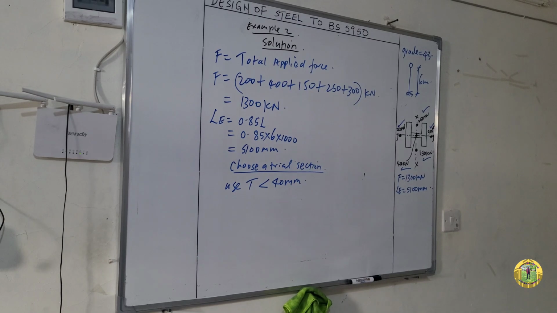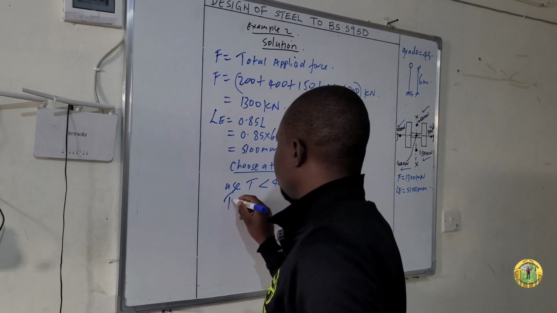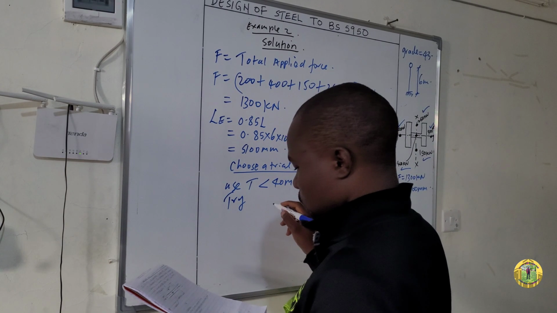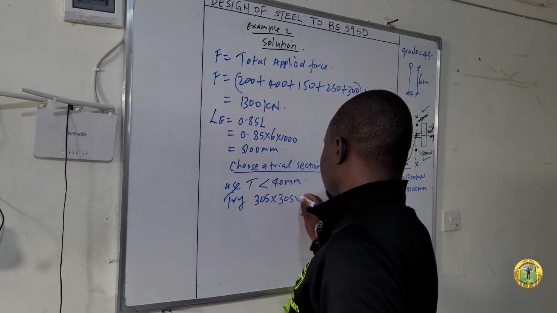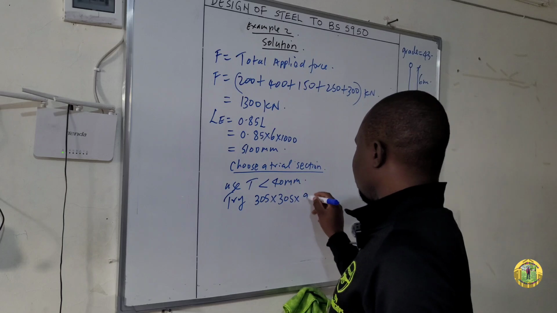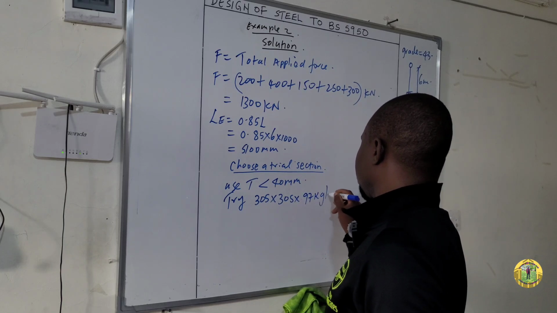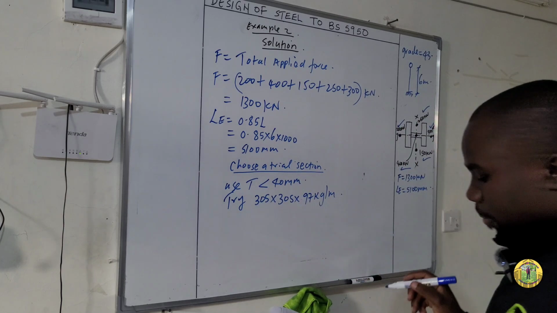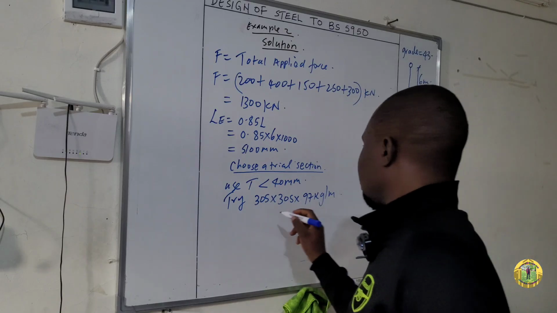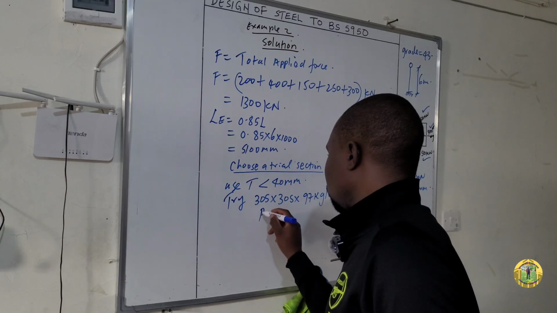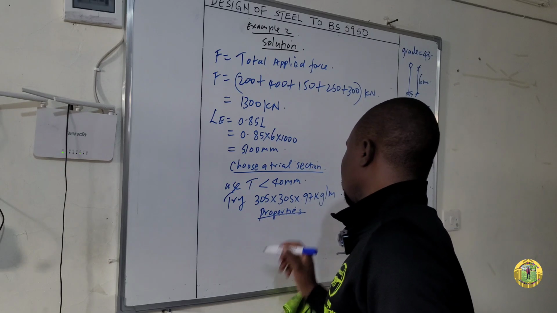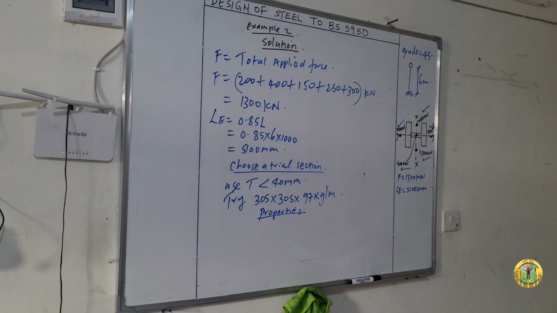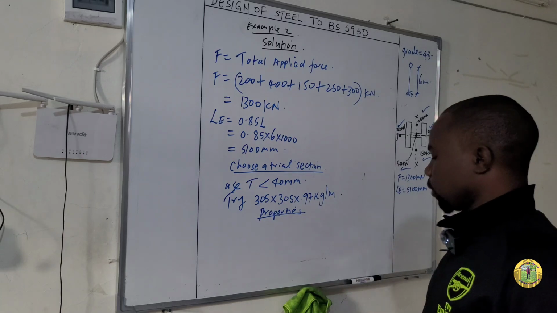So you will say try, because we are not sure, try 305 by 305 by 97 kilogram per meter. After selecting this section, you write all the properties, and these properties will help you to examine whether the section will pass or fail.